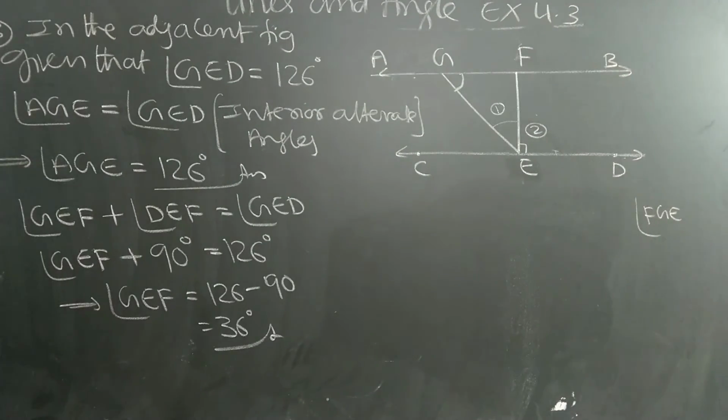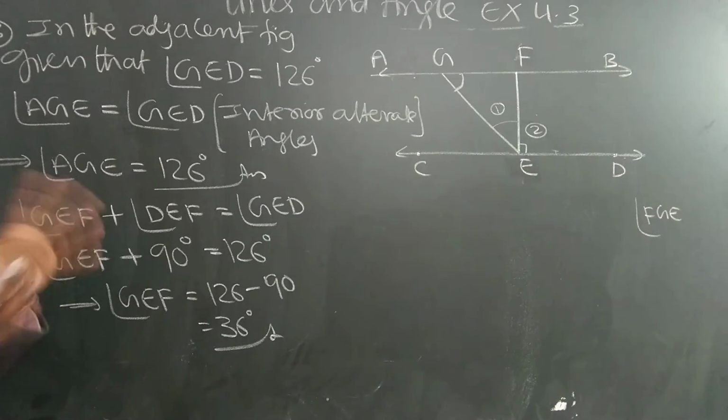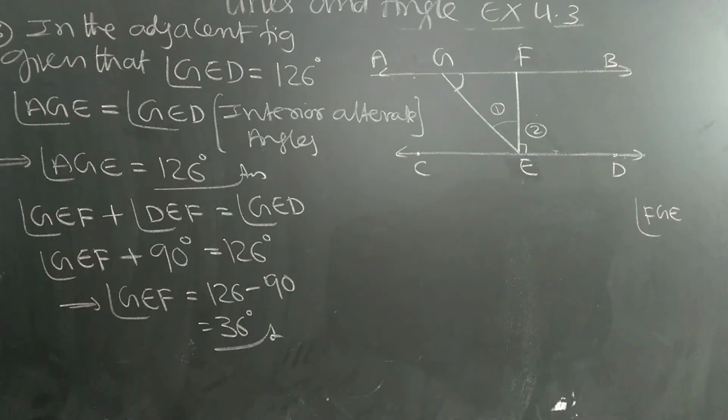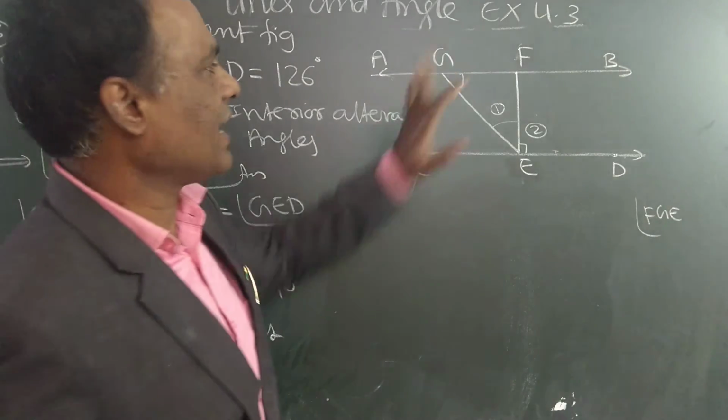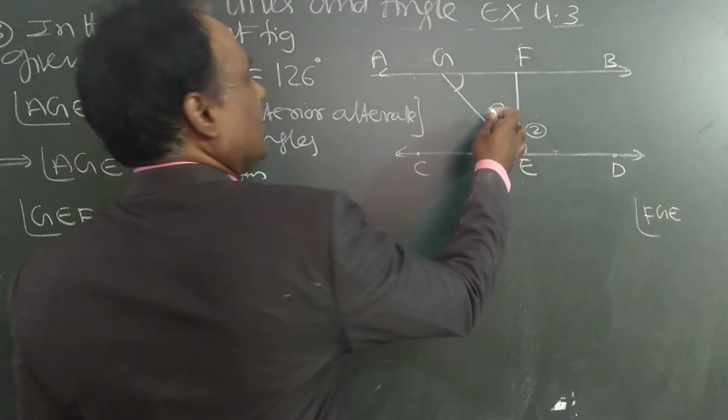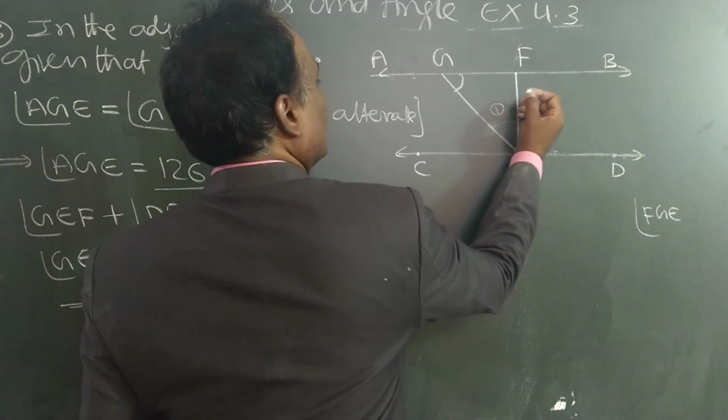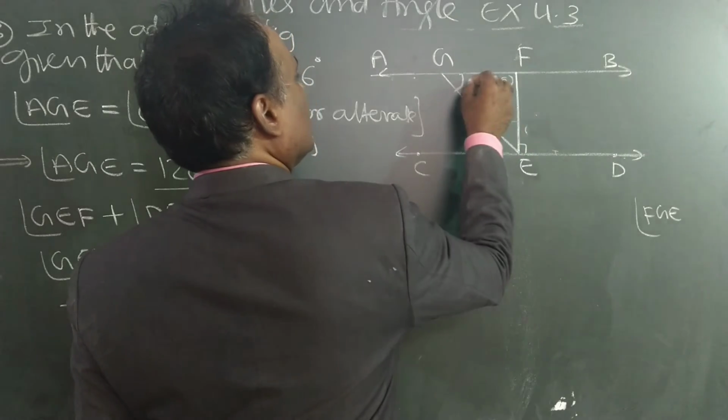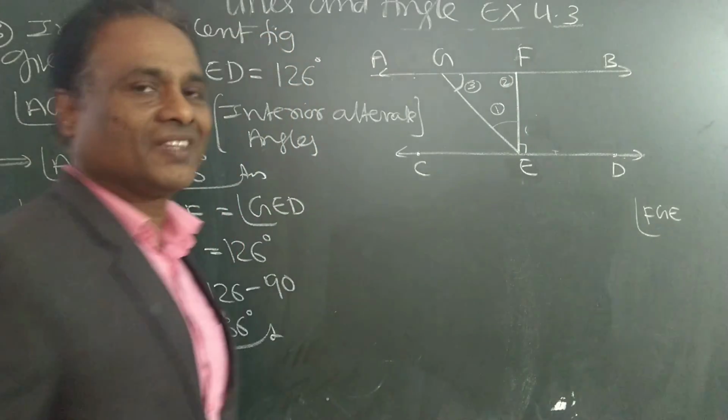Various ways we can find it, because so many relations are there. To find this angle, suppose this is 1, this is 2, this is 3, for example.